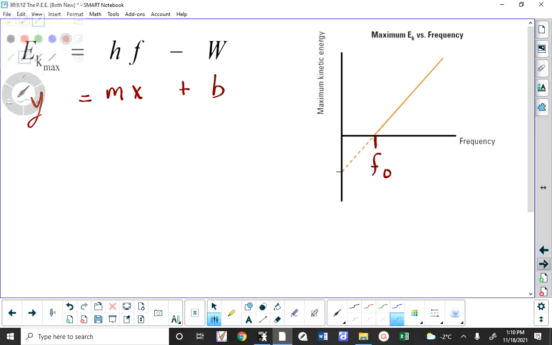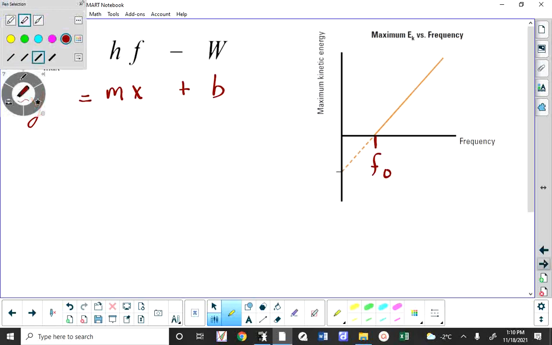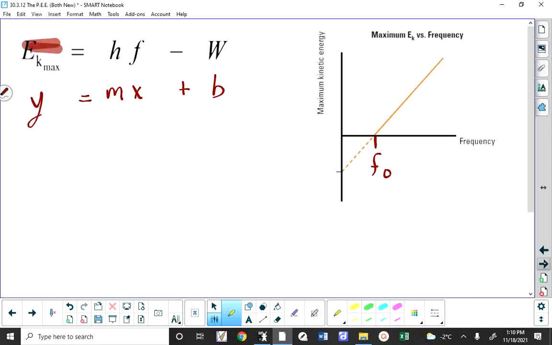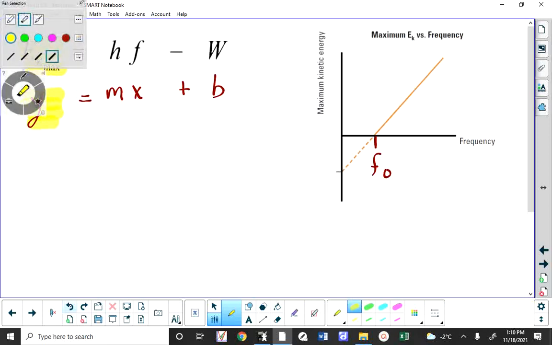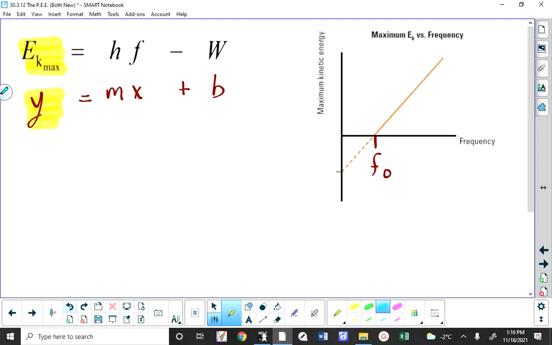When we take a look at this, it's pretty simple, I think, to understand that the maximum kinetic energy is what's plotted on the y-axis. The frequency is what we plot on the x-axis.